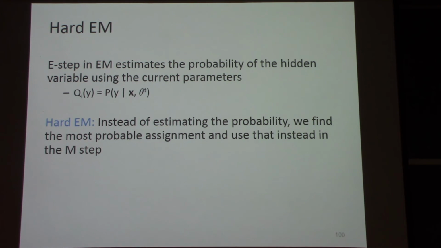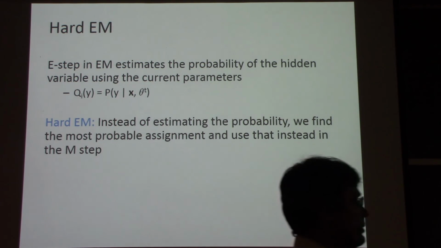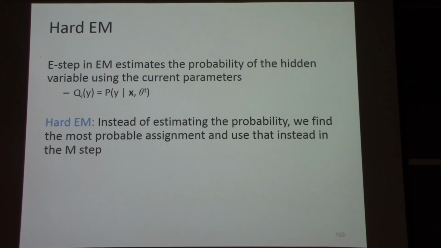Hard EM says, instead of actually estimating the probability, just take the most probable label. Instead of maintaining soft counts, just pretend as if your previous model was an oracle that went around labeling examples. Use the labels and retrain your classifier. In other words, just don't keep the uncertainty alive.